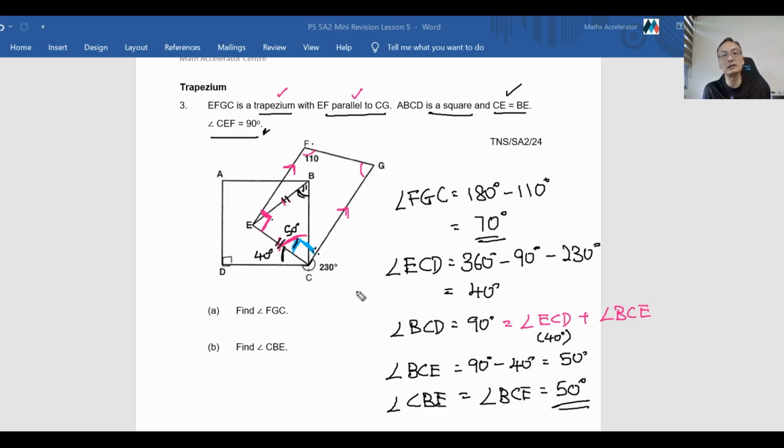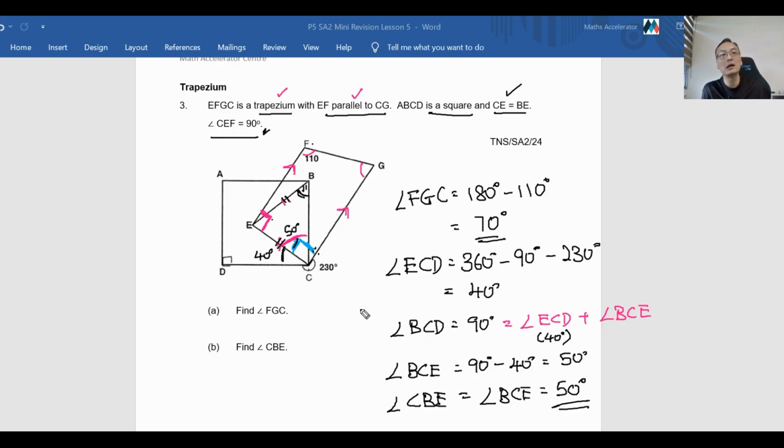Then we do further calculation to find angle ECD. ECD together with 90 and 230 form 360, property of angles at a point. So we minus 90 and 230, we get 40. Then we find BCE: 90 minus 40, we get 50.